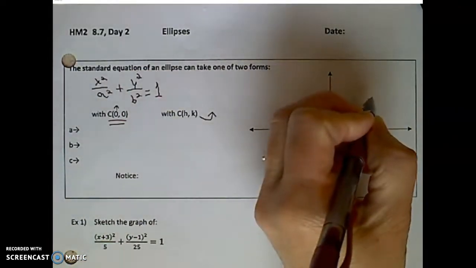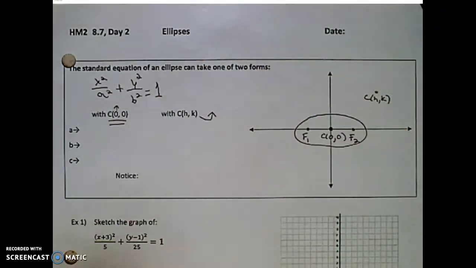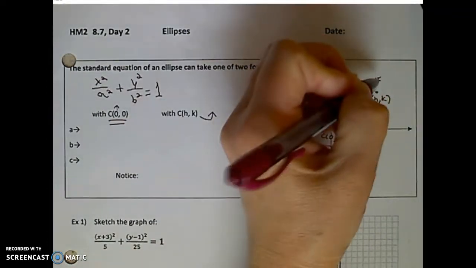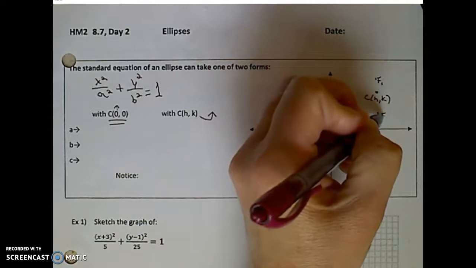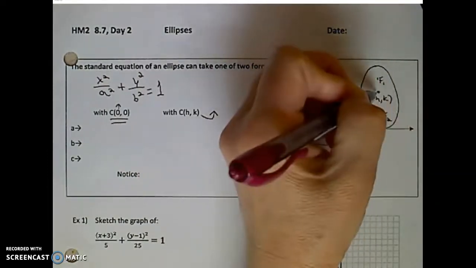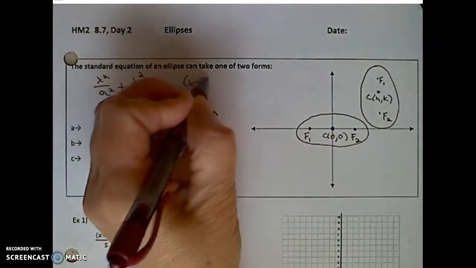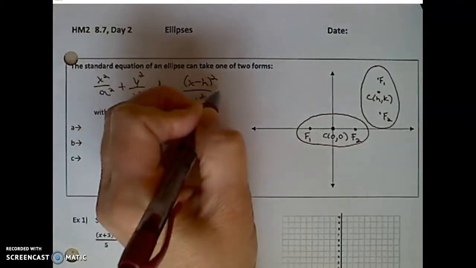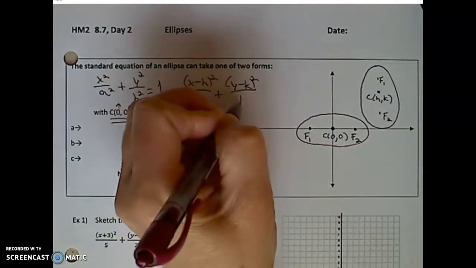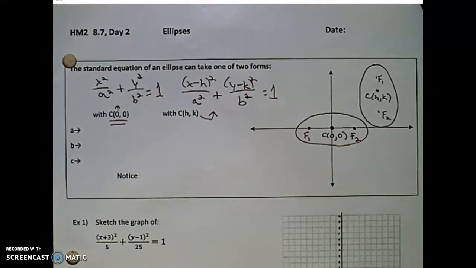Let's say the center of my ellipse is somewhere else, (h, k). My ellipse does not have to have a major axis that's horizontal. If my foci are above and below the center, then the major axis is going to be vertical. And if my center is not at the origin, then the general equation will look like (x minus h) squared over a squared plus (y minus k) squared over b squared, always equal to 1 in standard form.